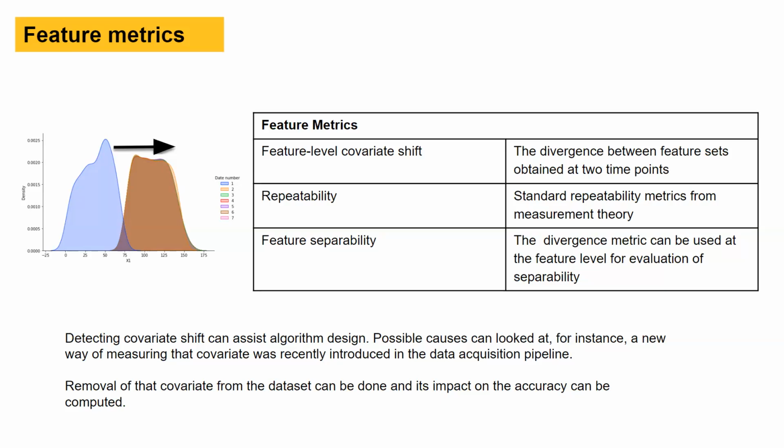So obviously the highest ranked features will have low feature covariance shift. They won't shift much. They will have high repeatability, and they will have high feature separability as well. Those are the feature metrics that our toolkit will provide.